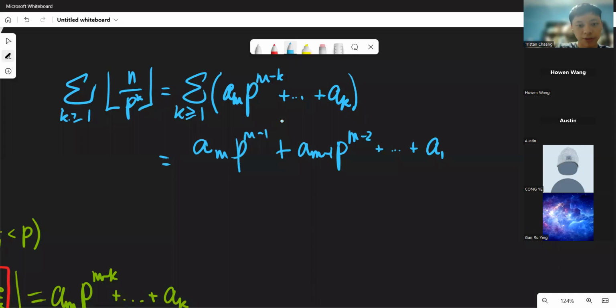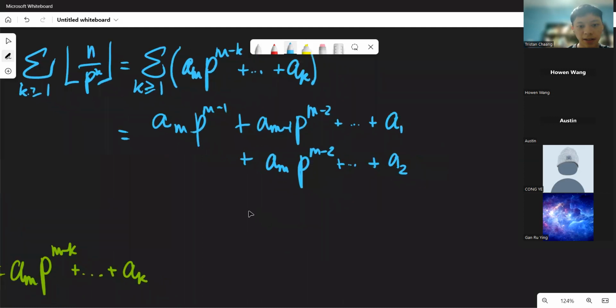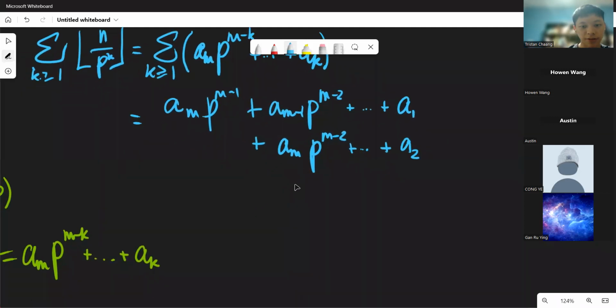For k equals 2, let's just write it here. a_m p to the m minus 2 plus dot dot dot plus, hang on, sorry, a_2, and so on.